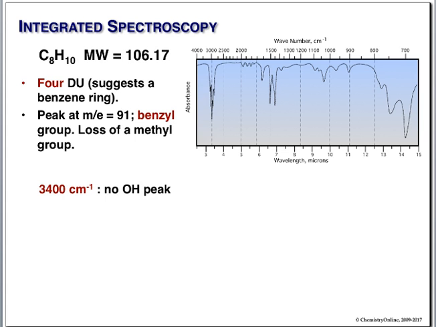That's not an OH peak. Next, we look just north of the 3000 line. We're looking for sp2 hydrogens. Do you see them? Yeah, a real nice sharp peak here. sp2 hydrogens. That's consistent with the fact that we're saying we have a benzene ring.